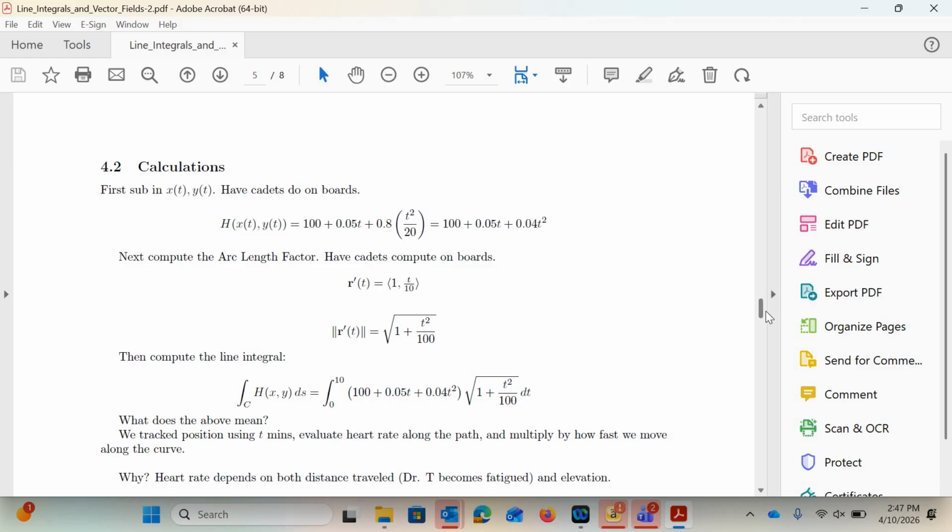The formula is the integral from 0 to 10, because that's the endpoint, but there's wiggle in between. So you're going to have h of x of t, y of t, found the way Sophia said, and then here you're going to put r prime of t dt. That's the formula.